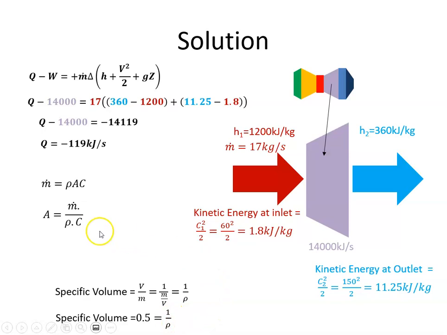So instead of rho, I'm going to put in 1 over 0.5. The velocity at the entrance was 60 meters per second, and the mass flow is 17. So we have 17 divided by 1 over 0.5 times 60, and that works out to be 0.142 meters squared.